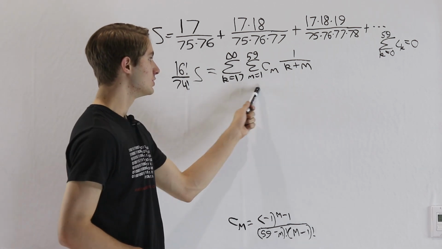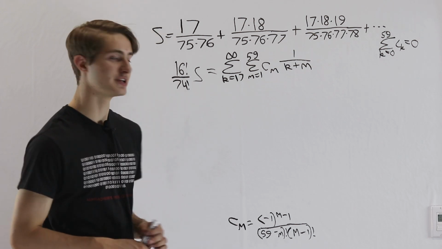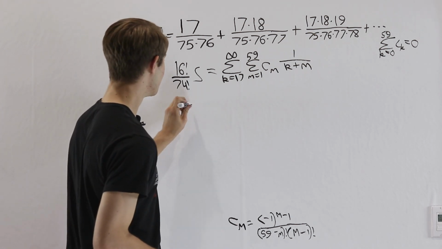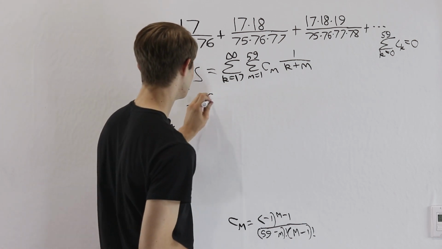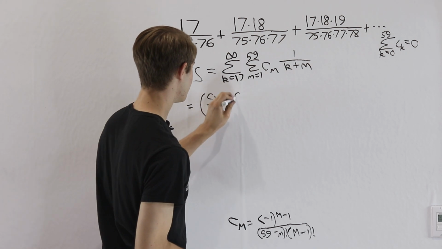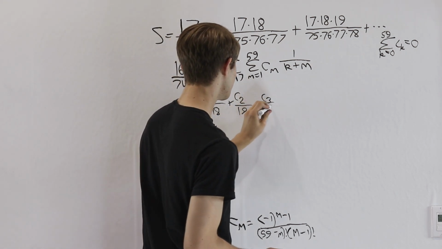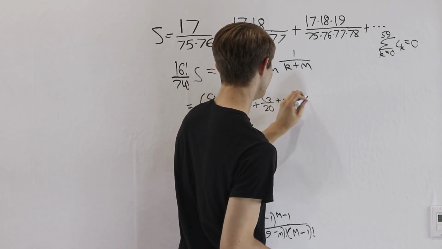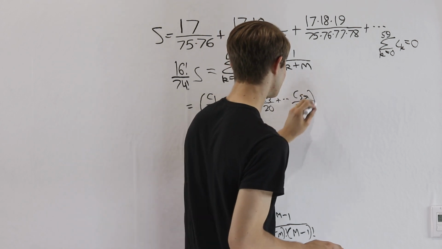Now before we try to do any tricks on this sum right here, let's see if we can write out a few of the terms and get a feel for what we have right here. So this is going to be equal to, starting with k equals 17, we'll have c1 over 17 plus 1 is 18, plus c2 over 17 plus 2 is 19, then c3 over 20, all the way up to c59 over, and then 17 plus 59 is 76.